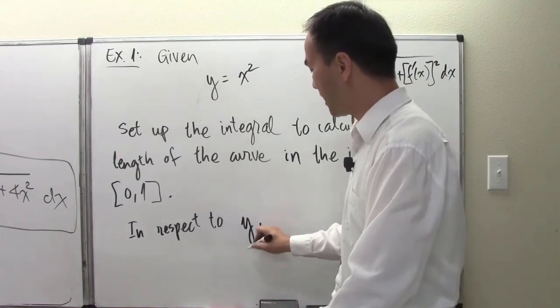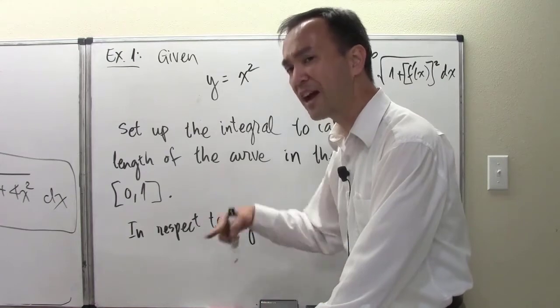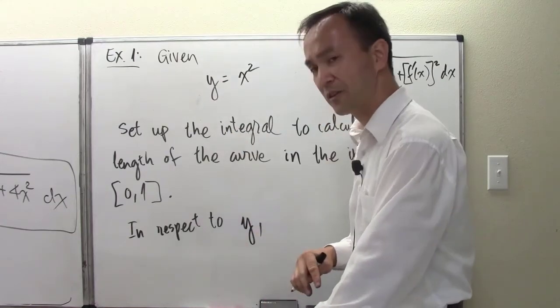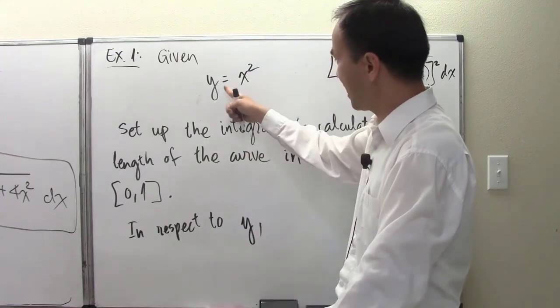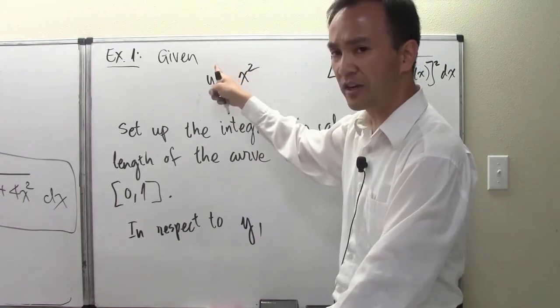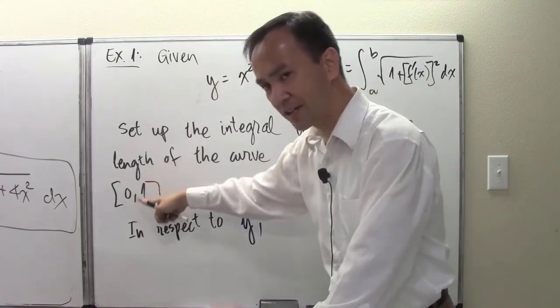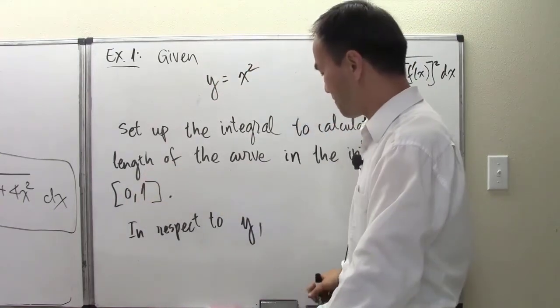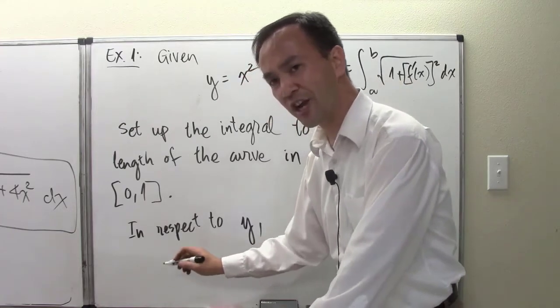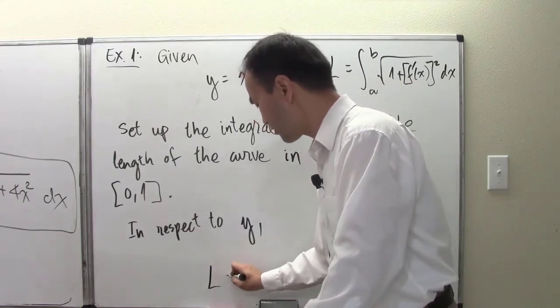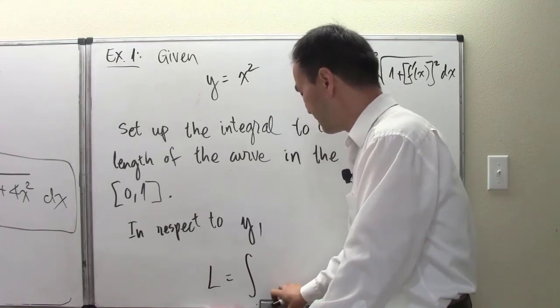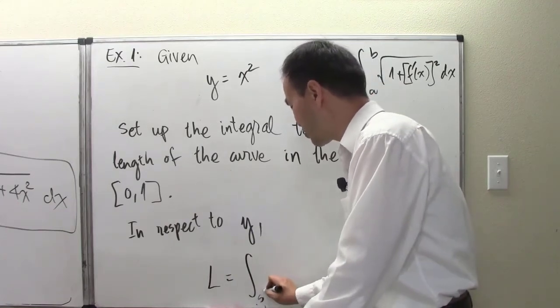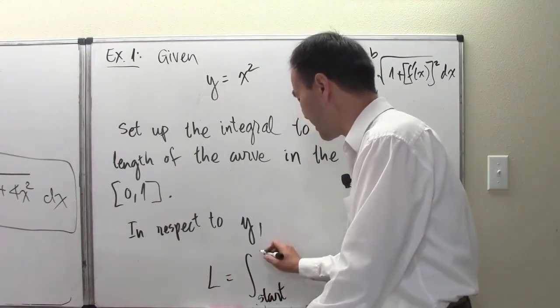Things might not come out as direct as how we integrate with respect to x. Our curve was initially given in terms of x, and the interval is also in terms of x. But now let's write down the general setup, just the general setup. This is the integral. We're unsure of the start and end yet, so let's write it down as start to end.